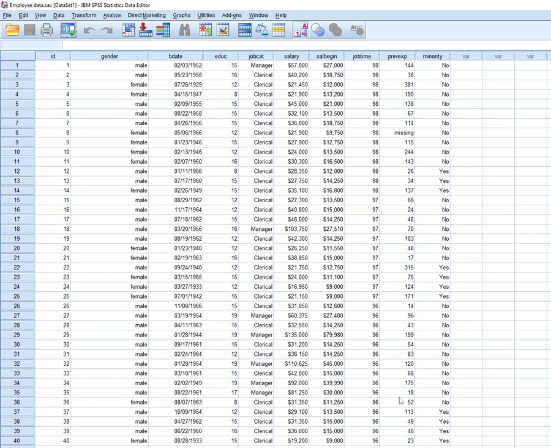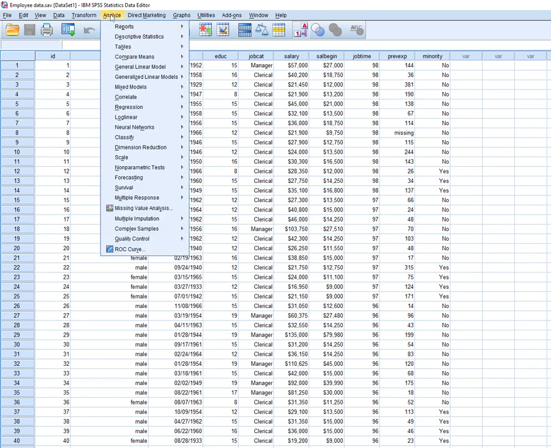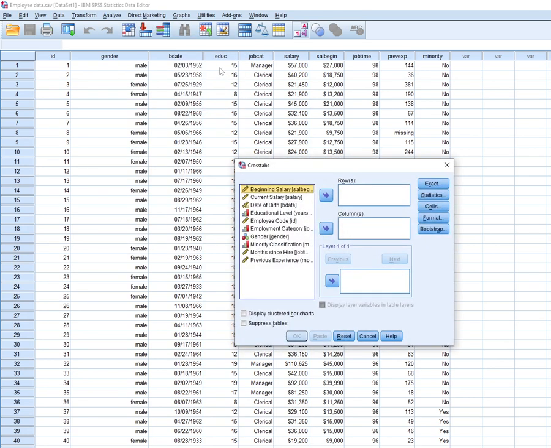To perform chi-square test of association, I'll go to analyze, descriptive statistics, then I select crosstabs. That means I'm doing some sort of cross tabulation.